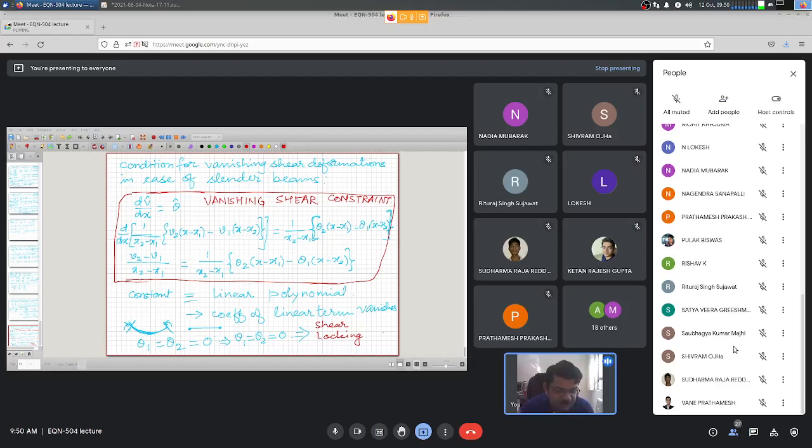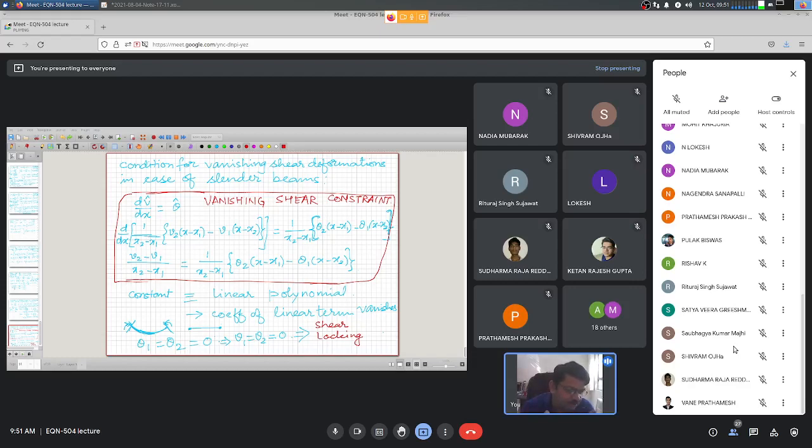So one way is, as you have rightly suggested, the direction of thought process was right, that we need to create a situation in which shear deformations will not be negligible. The way to do that is to increase the L by D ratio, so make the beam not slender. Model the individual element not as a slender beam but as a deep beam.